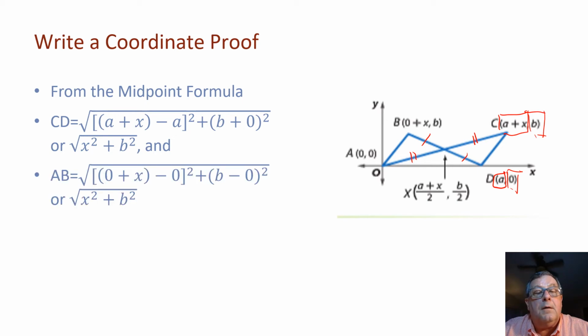What about AB? Well, AB, x2 minus x1 squared. Okay, well, let's say that's x and 0. Plus b minus 0.